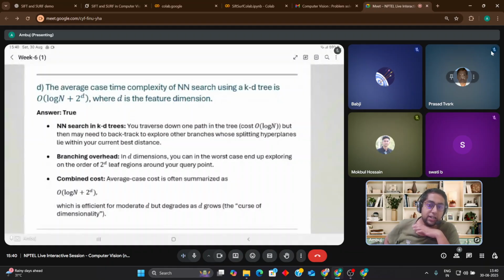In D dimensions, the worst case you would end up with is 2 raised to power D. So, combined, the complexity would be O(log n + 2^D).